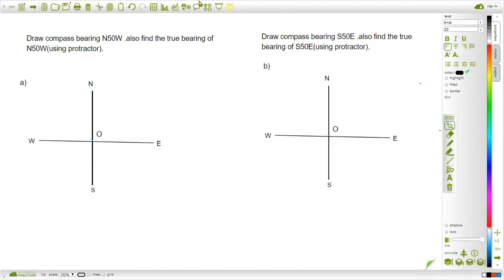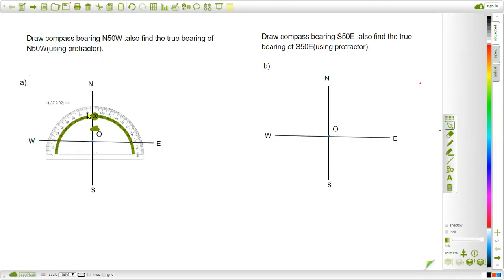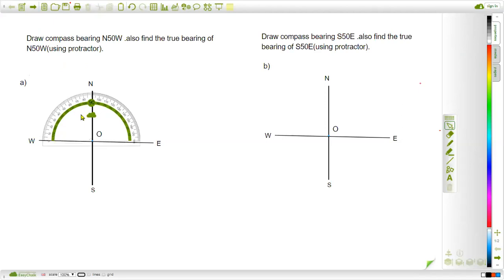Let me use the protractor. We can use the protractor to make the angle here, and we have to make an angle of 50 degree from north pole towards the west.